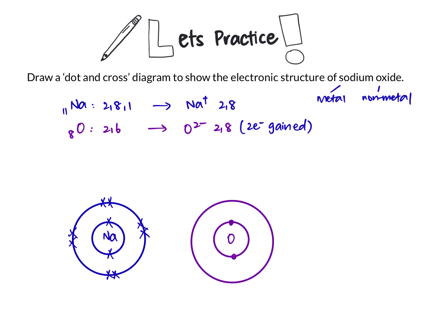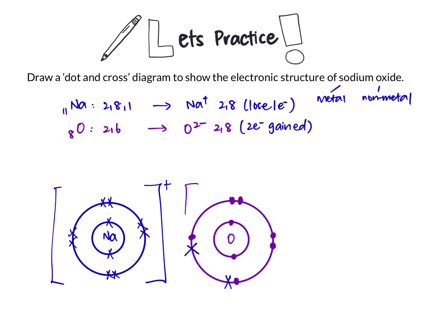Oxygen has 2,8 configuration, north, south, east, west, and the rest of the electrons in one direction. And 2 electrons are gained from sodium. So take note that the sodium ion is formed after losing 1 electron. So add in the brackets and the charge.